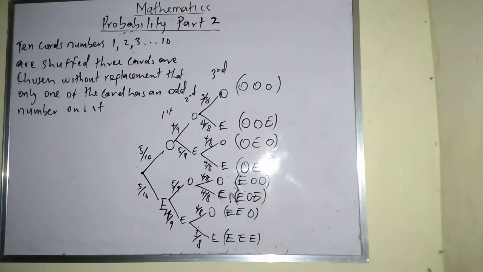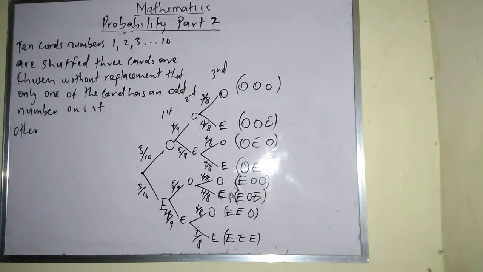The question asks me probability of orders. Now, if I should work on my order, I'm working on probability of replacement. Okay, only one of the card has an odd number.